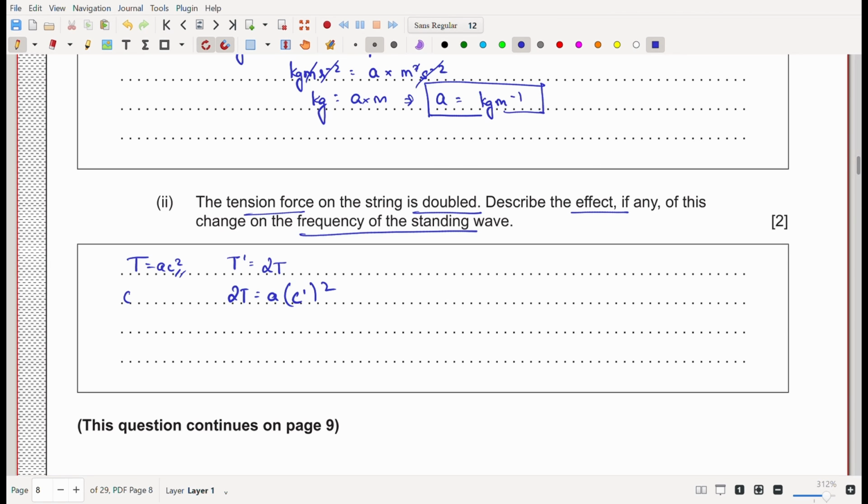In the beginning, we'd say c is equal to root over T by A. Correct. But now if we look at it here, c dash is equal to root over 2T by A. And so c dash is equal to root 2 into c. So therefore, speed increases, not decreases guys, increases by a factor of square root of 2.